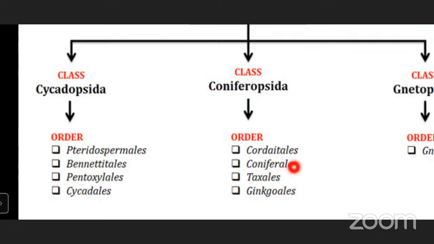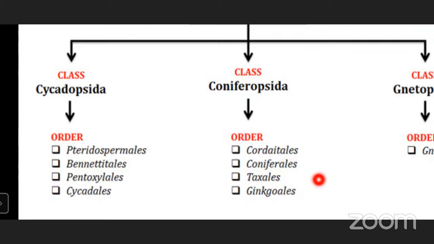Okay. So the first order, Cordaitales. In this order, all the plants are extinct. There is no single plant present in the living condition. All the plants are extinct in this order, Cordaitales. And next, coming to Ginkgoales.